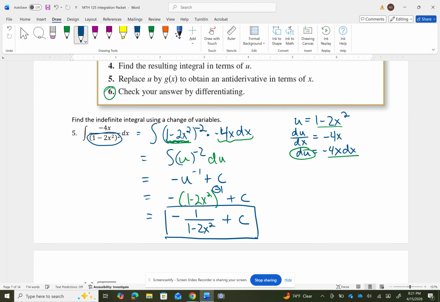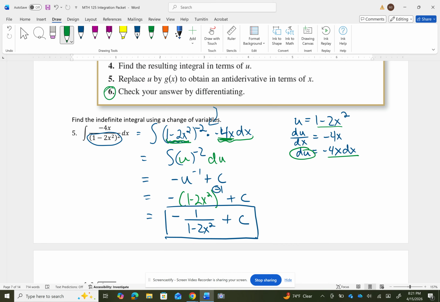Now, once you rewrote it so that it was a power function, once you bring that 1 minus 2x squared to the second power up, you could have done this one pretty well using pattern recognition, since right here was the derivative of the inside function.